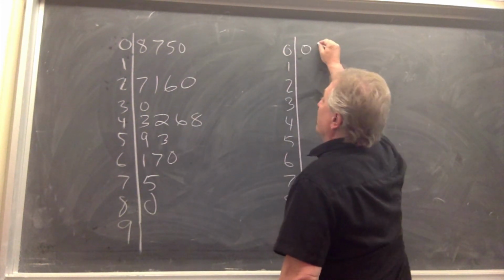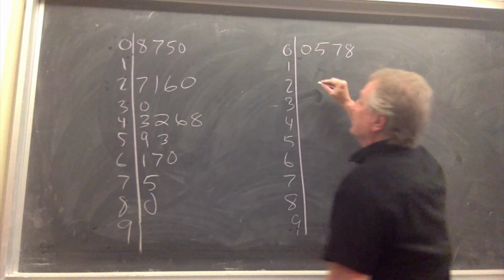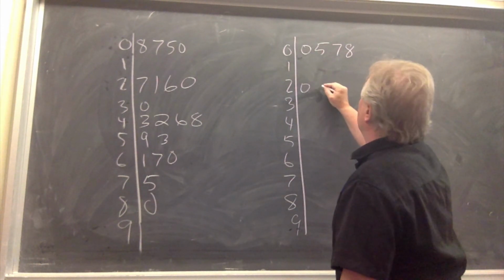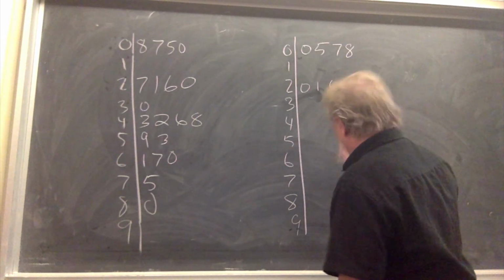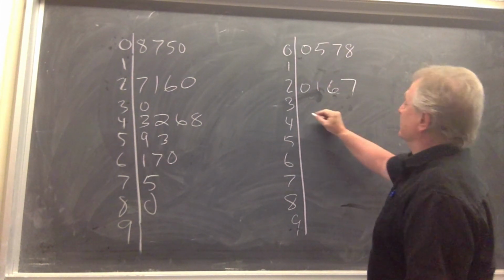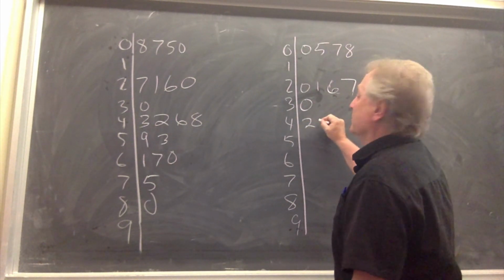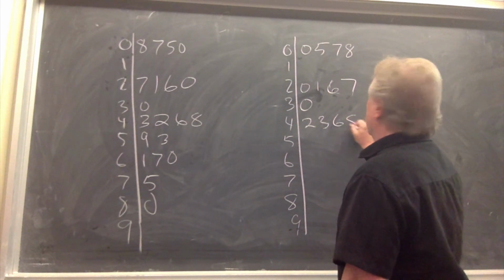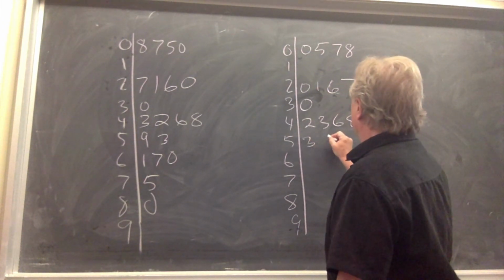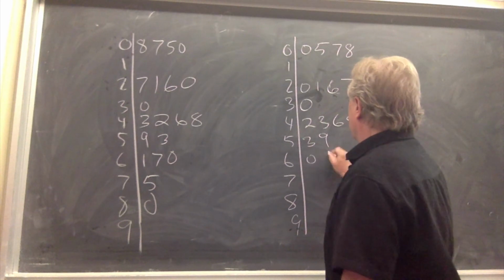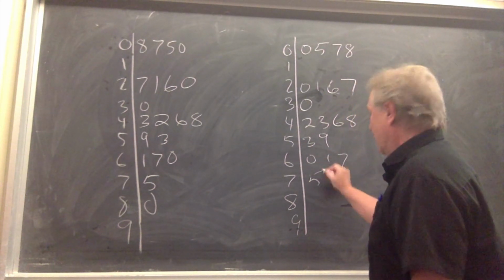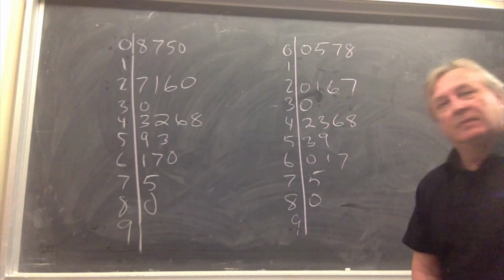So here's 0, 5, 7, 8, 0, 1, 6, 7, 0, 2, 3, 6, 8, 3, 9, 0, 1, 7, 5, and 0.